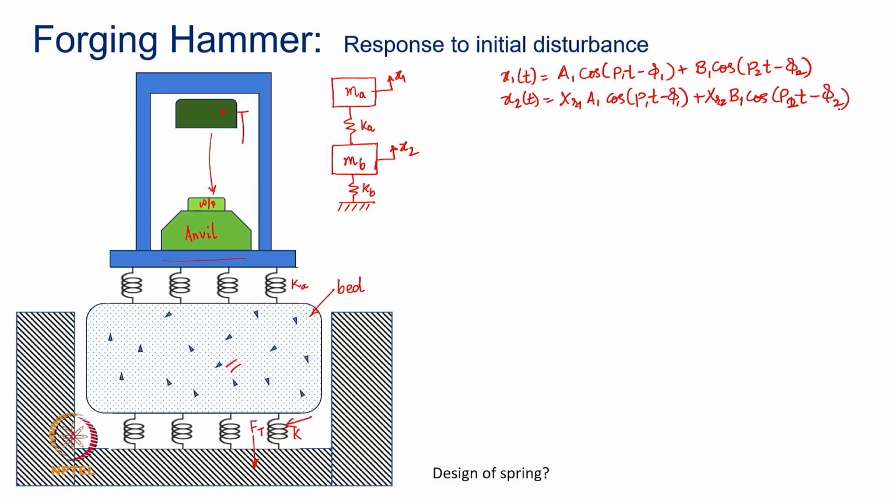Now, here, since there are 4 unknowns, I would like to see what are the initial conditions.